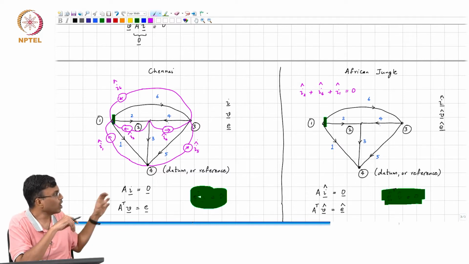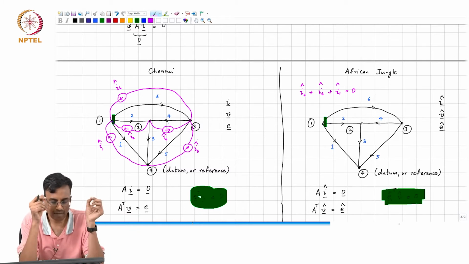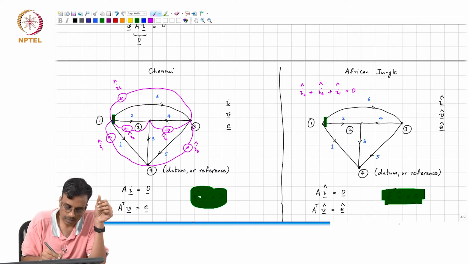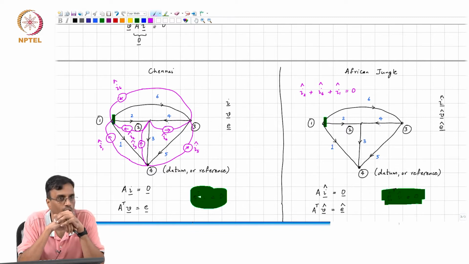So, even though I have added these new currents in pink, what is the net current I have added at each node? The current I have added at each node is 0.